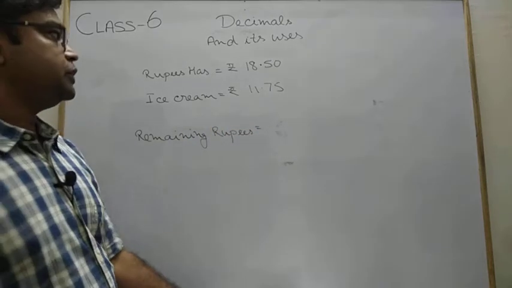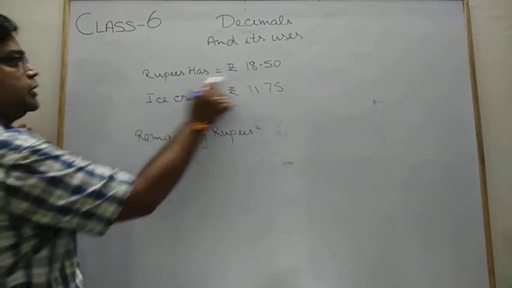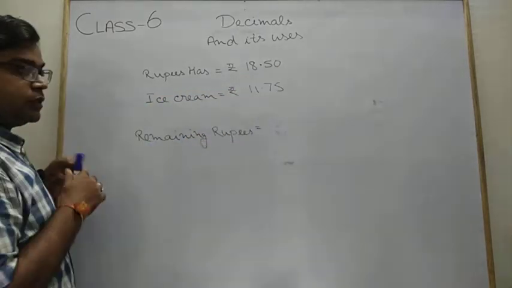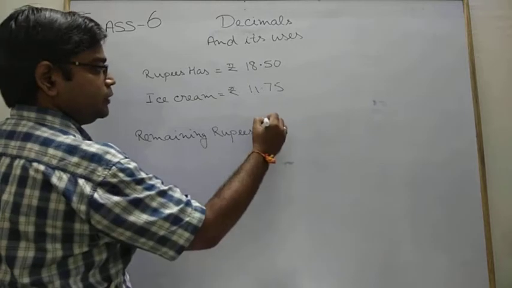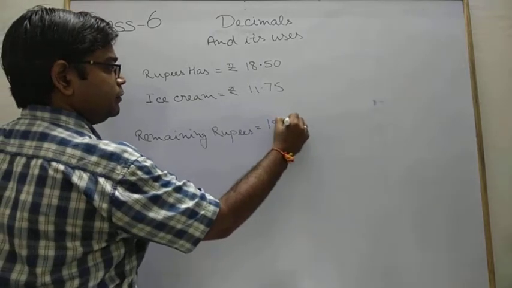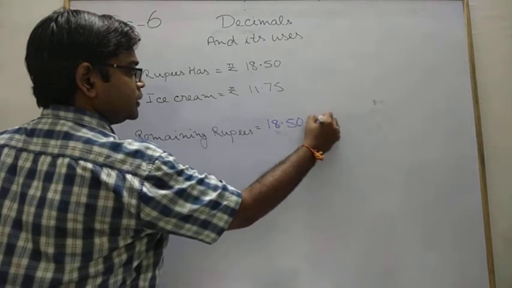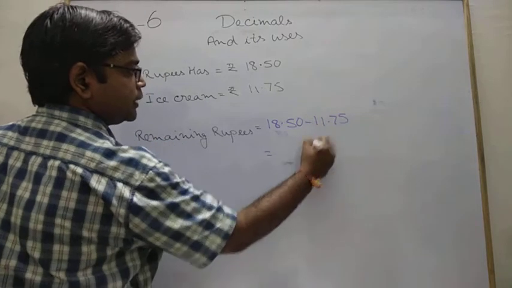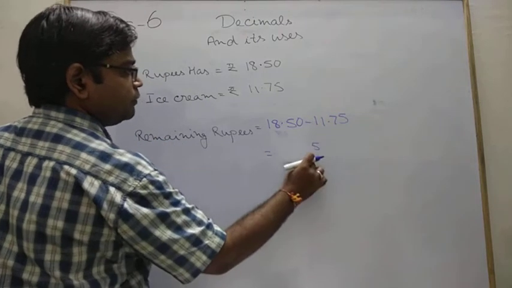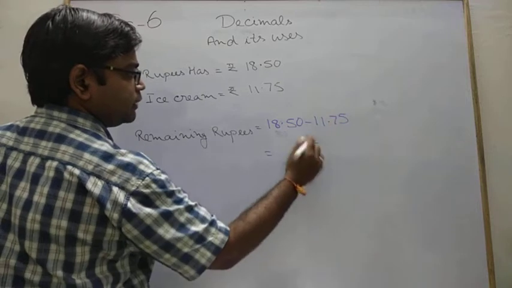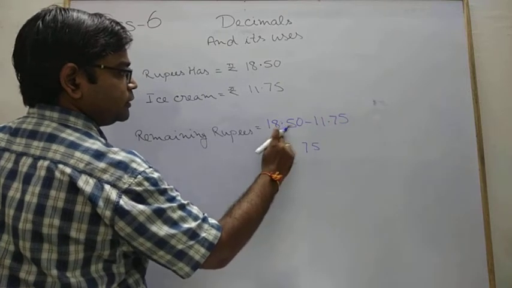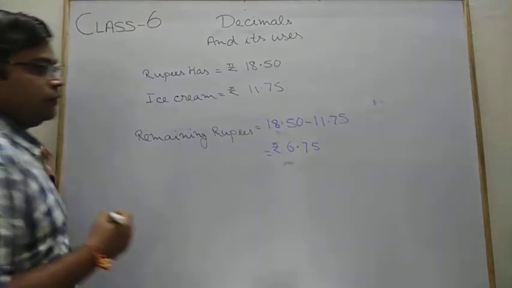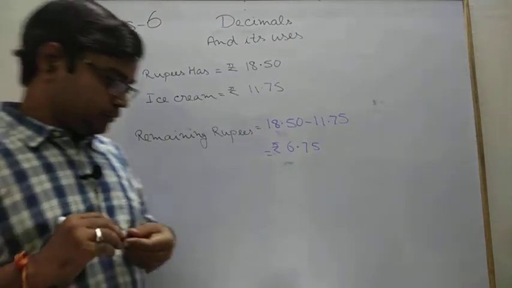Remaining rupees means we have to subtract. Rani has this amount of rupees, she purchased one ice cream. So it's 18.50 minus 11.75. Subtract it. 10 minus 5, 5. 14 minus 7, 7. 7 minus 1, 6. Rupees 6.75.